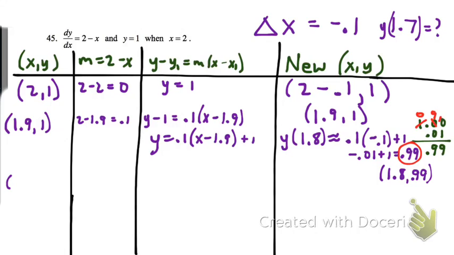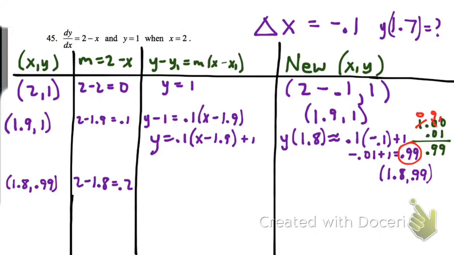Let's see here, 1.8 comma 0.99. Again our slope depends on x: 2 minus 1.8 is 0.2.